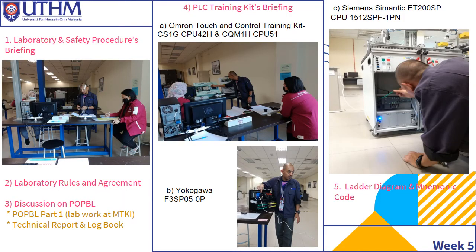In week 5, we were able to attend the campus. So the first thing we did was the laboratory and safety procedures briefing by Encik Fadil, and then the laboratory rules and agreement briefing, then the discussion on POPBL for part 1 at MTKI, technical report and logbook.